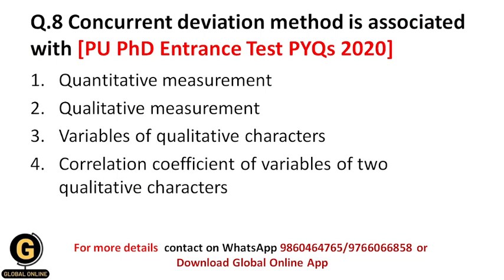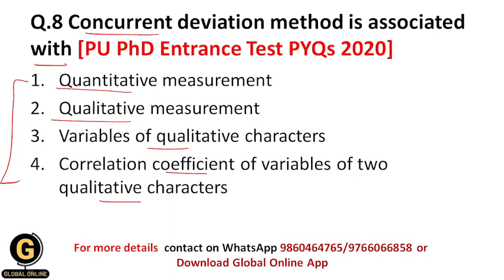Concurrent deviation method is associated with. Now from these options, which is the option to which concurrent deviation method is associated? Quantitative measurement, qualitative measurement, variables of qualitative characters, and correlation coefficient of variables of two qualitative characters.